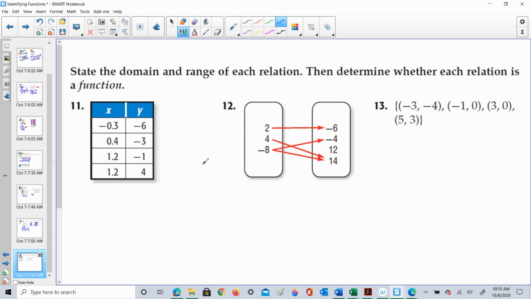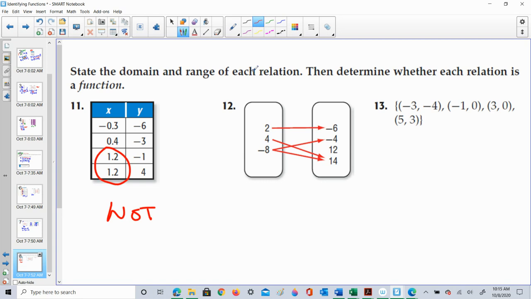And again, let's take a look closely at this. It says to state the domain and range. I'm not going to right now because as soon as I see these two values, we know it's not a function, because values in the domain, the x's, cannot repeat.